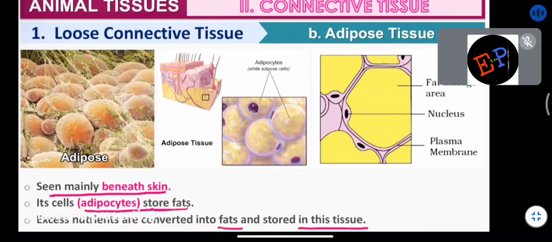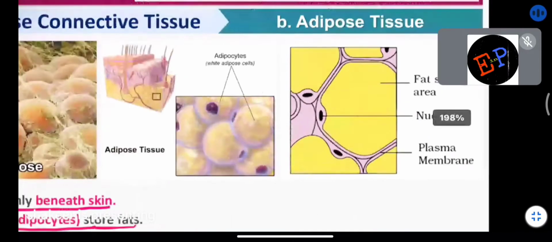For example, you require around 2000 calories per day. If you are eating food of 10,000 calories, then what will happen? The remaining 8,000 calories is converted into fats. That's it.